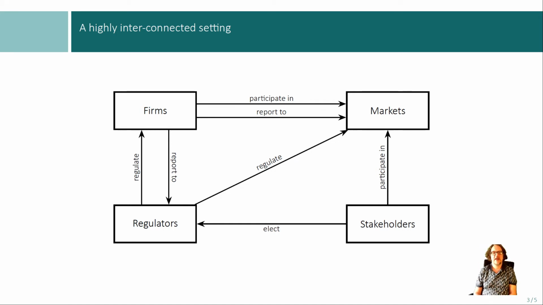Okay, and you see also when it comes to the markets, as a regulator, you have another angle. You can actually regulate these markets with the hope that they work efficiently in order to get the incentives of the stakeholders to the firms. Now, all this is complicated because as a politician, of course, you need to get elected by stakeholders. So this is also now the last arrow that I think I didn't talk about. So you see that in this complex structure, you have to act.